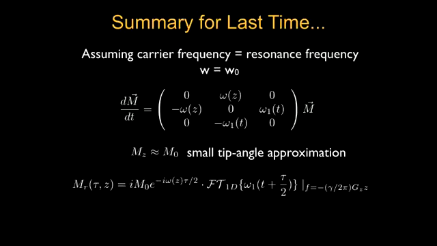You have, boom, the solution. The other way is to directly solve the Bloch equation numerically. You put in the numbers and see how things change over time, and then you can find the slice profile. So those are the two ways to look at the slice profile.